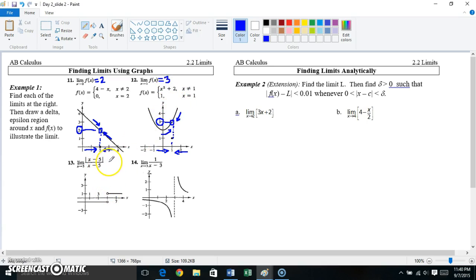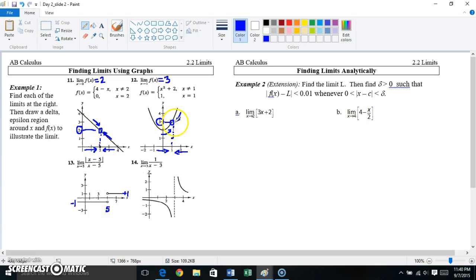All right, here we have the graph of the absolute value of x minus 5 over the quantity x minus 5. The function graph looks like y equals 1 for x greater than 5, and y equals negative 1 for x less than 5. Now in the first two examples, the y value on the left and the y value on the right were the same.